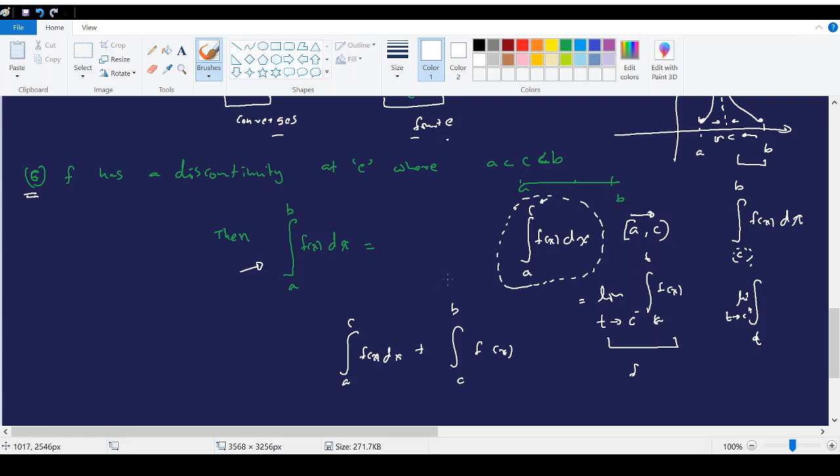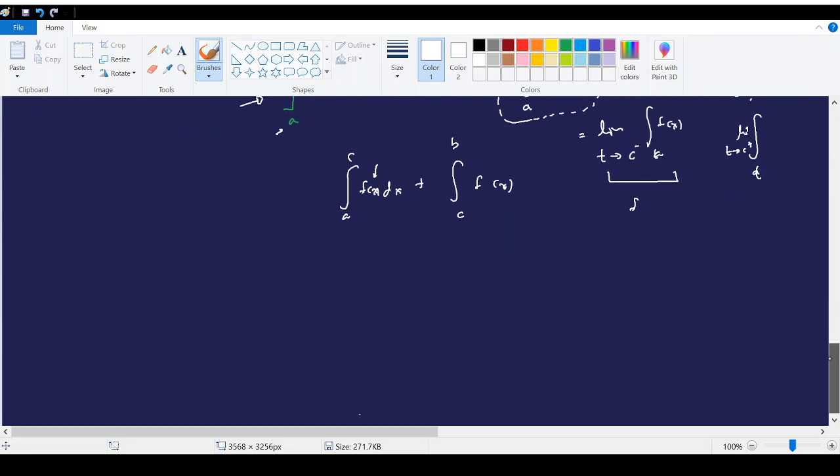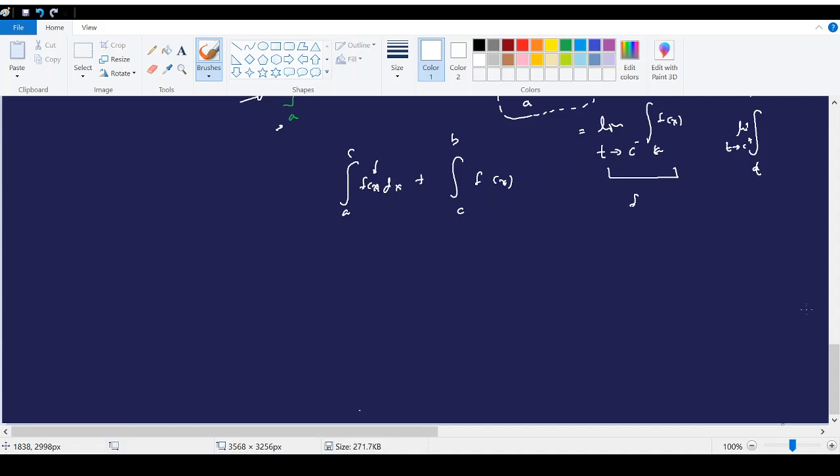But the only difference is, in these cases you have finite values for upper and lower limits, but we have an asymptote for the function. In type 1 we did not have any asymptotes for the function, but we had infinities for the upper and lower limits, right? Okay, so in the next couple of videos we will go over some problems related to these type 2 improper integrals.